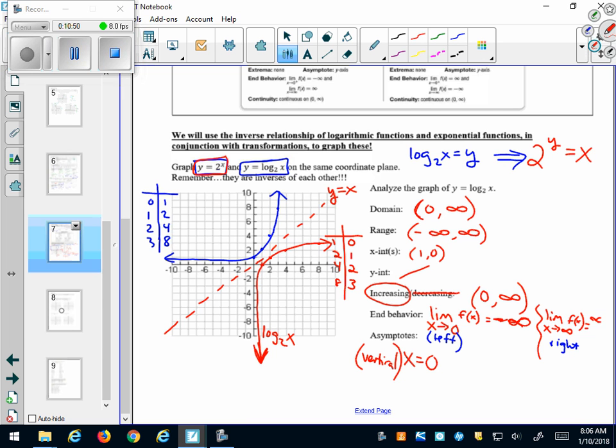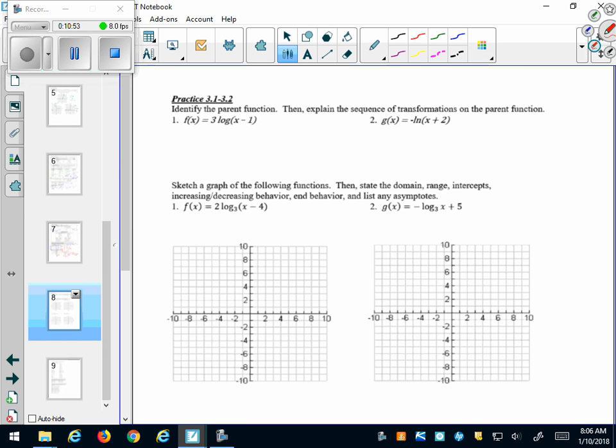So this asymptote that was horizontal now became our vertical asymptote. Okay, so let's look at graphing some of these. First it says identify the parent function and then explain the sequence.